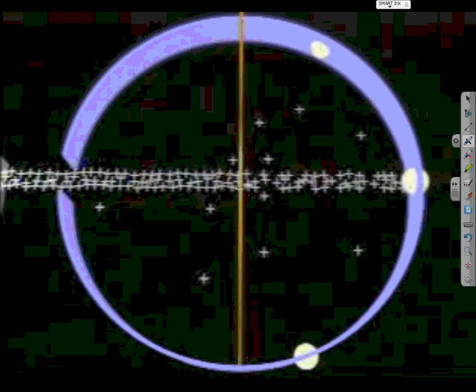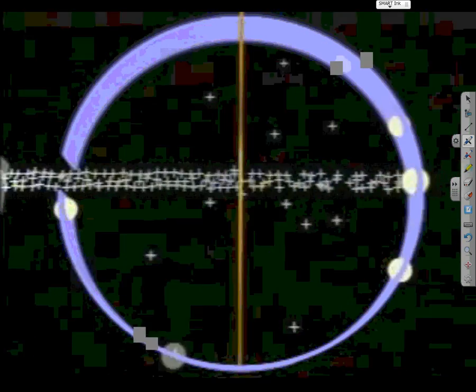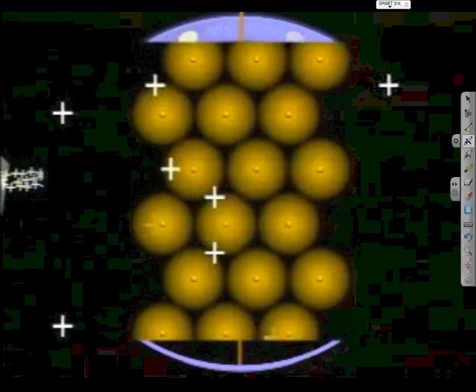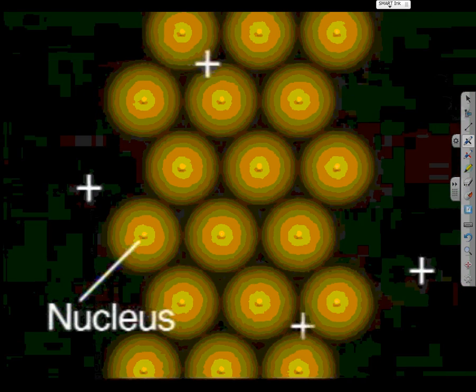Occasionally, particles were deflected straight back. But nearly all particles passed right through the gold foil, as if it were not there. The scientists concluded that atoms must be mostly empty space, and that because some particles are deflected, there must be a small positively charged central mass, which they called the nucleus.